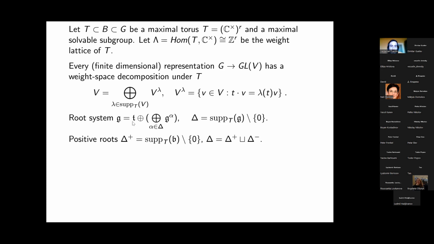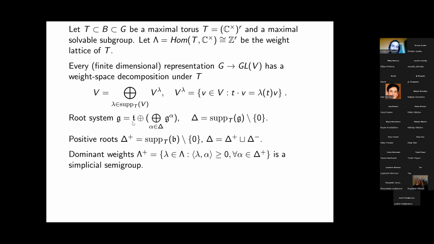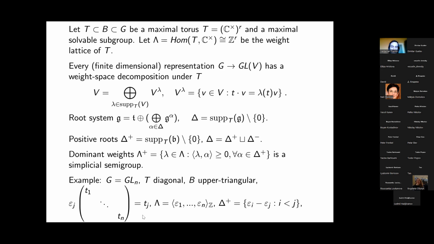We can just pick a hyperplane not intersecting any of them. Everything that's on one side will be called positive roots. And if the maximal solvable subgroup above is chosen suitably, then this will be its support without the zero. And then if we take the negatives, we'll still be in our set. So delta has a decomposition, delta plus and delta minus. You can think of an example below.